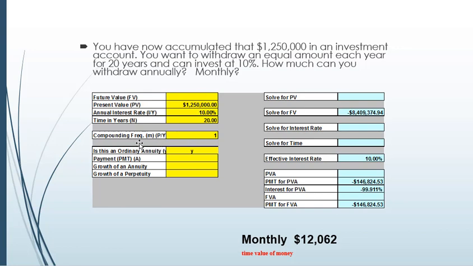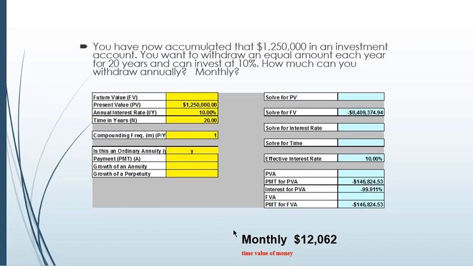Well, if you type in here the compounding frequency once per year and go down and solve, we're solving for this payment, right? You're going to receive $146,824 a year in retirement for 20 years if you can earn 10%.